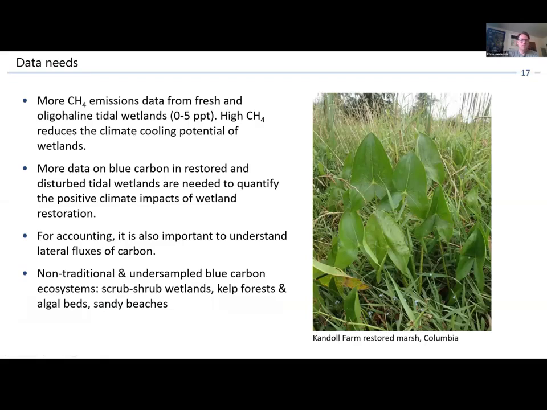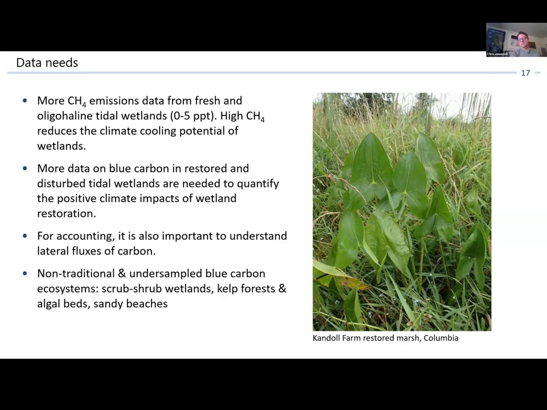So this does bring me to just one slide about data needs, and we need more methane emissions data from freshwater and oligohaline tidal wetlands. Laura Brophy shared some information on our recent methane study. It was certainly promising news for tidal swamps, but for the marshes, we really found a lot of variability in methane emissions at freshwater and oligohaline sites.